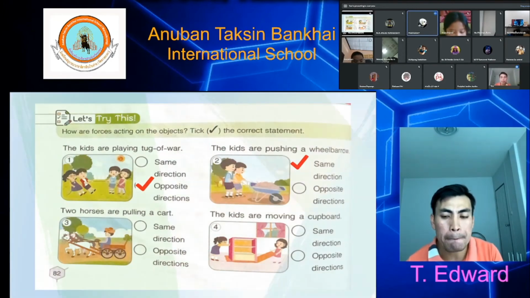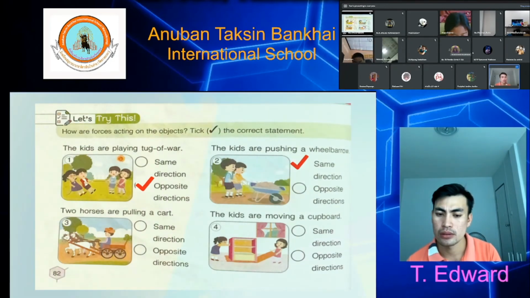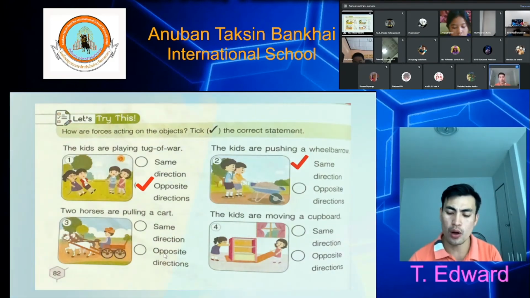Again. Number 3, page 82. 2 horses are pulling a cart. Are they pulling in the same direction or opposite directions? Opposite direction. Opposite direction is wrong. Sorry, the correct answer is same direction.